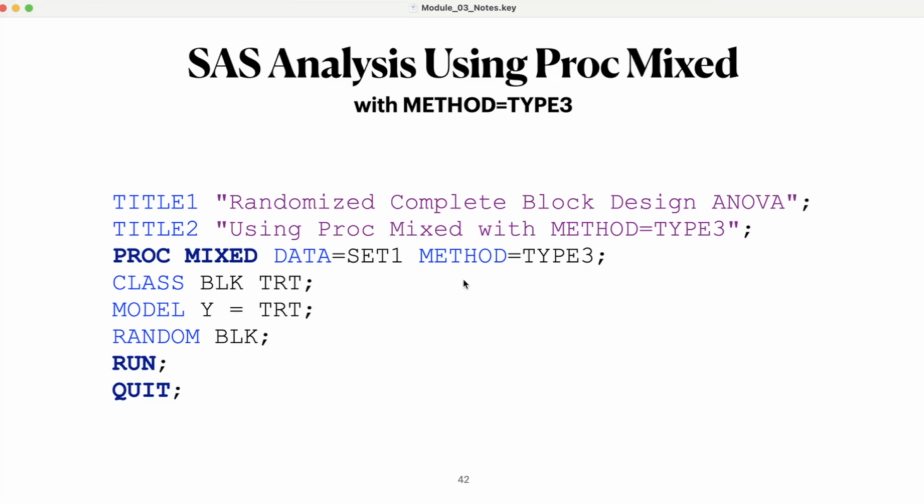One is maximum likelihood. Another method is residual maximum likelihood, sometimes called restricted maximum likelihood, but the appropriate term is residual maximum likelihood. There is also a type 3 method, and the type 3 method is the kind of analysis that we've done by hand, by calculating sums of squares and so forth. And so I've chosen to use this so that you can see how we get consistent results with the way we've done it by hand using SAS.